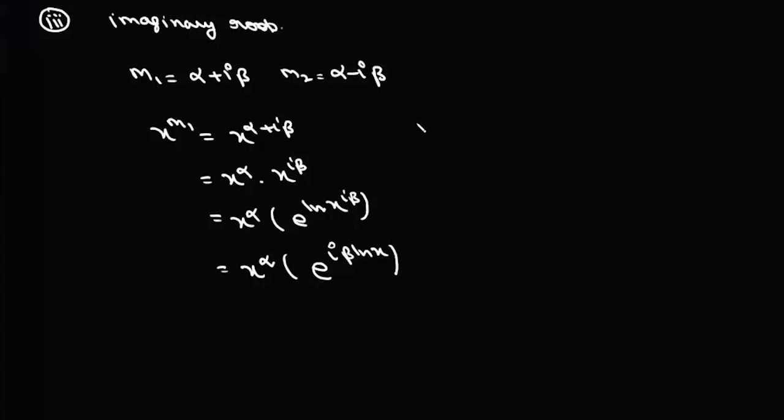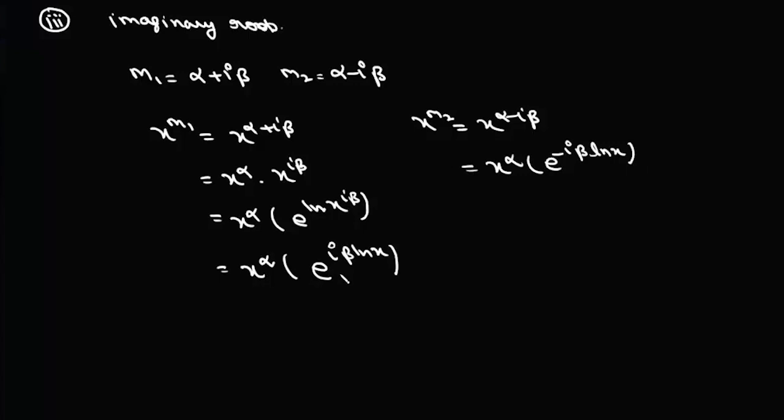And the same way we can write x to the power m2 as x to the power alpha minus iota beta, and there will be x to the power alpha and e to the power minus iota beta log x.